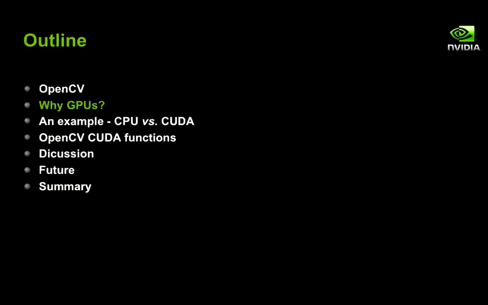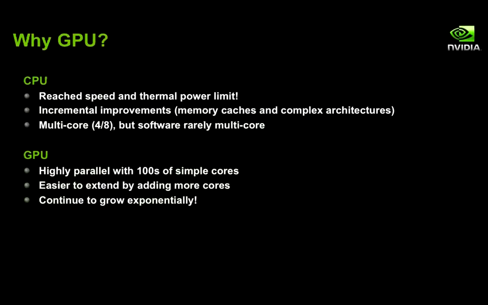Okay, so why are we interested in using GPUs for computer vision and image processing? If you look at the history, for 50 years the CPUs kept on increasing in performance and power, and they drove a lot of the technological innovation.